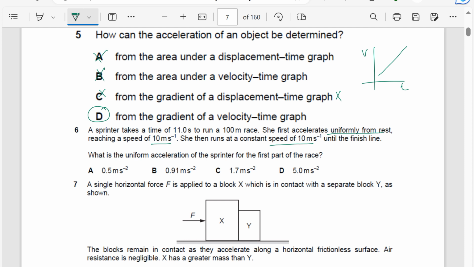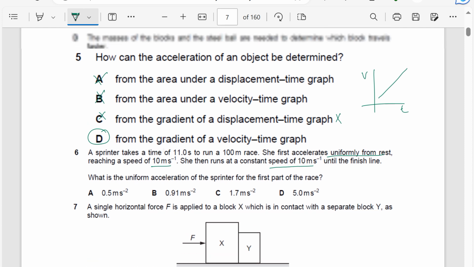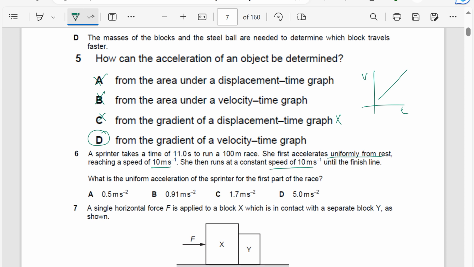Initially, because she was accelerating uniformly, we shall consider equations of motion. I'll use the space here. So using v equals u plus at, because she takes a time of 11 seconds to run the race, that means she must have started from rest.